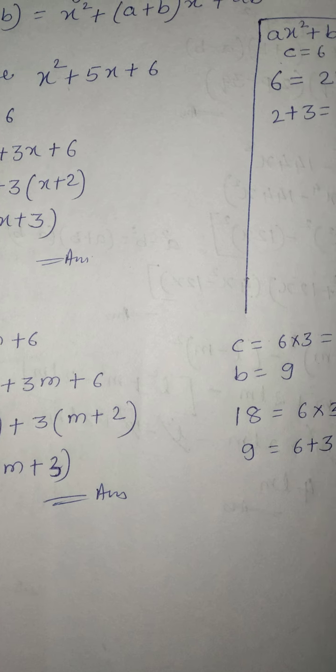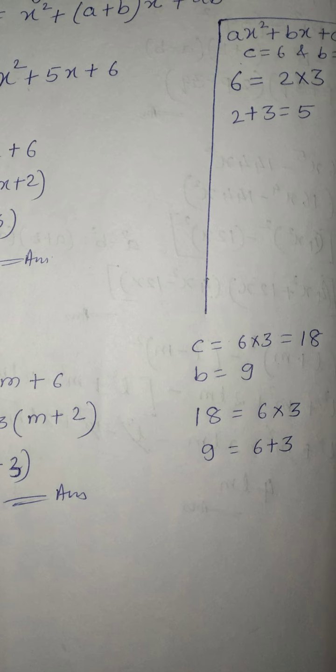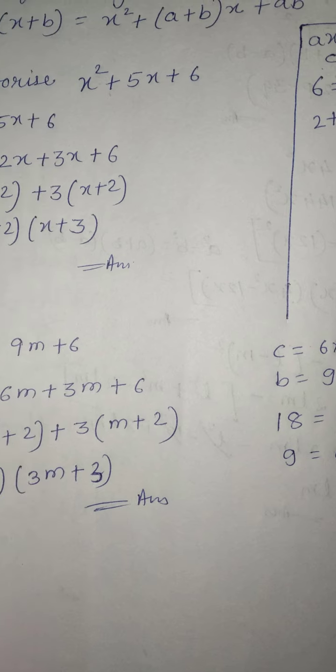Now you need to find out the factors of 18. So factors of 18 will be 1, 2, 3, 6, 9, 18. When you add 2 plus 9, because 2 into 9 is 18, yes, but 2 plus 9 is 11. It doesn't come as 9.